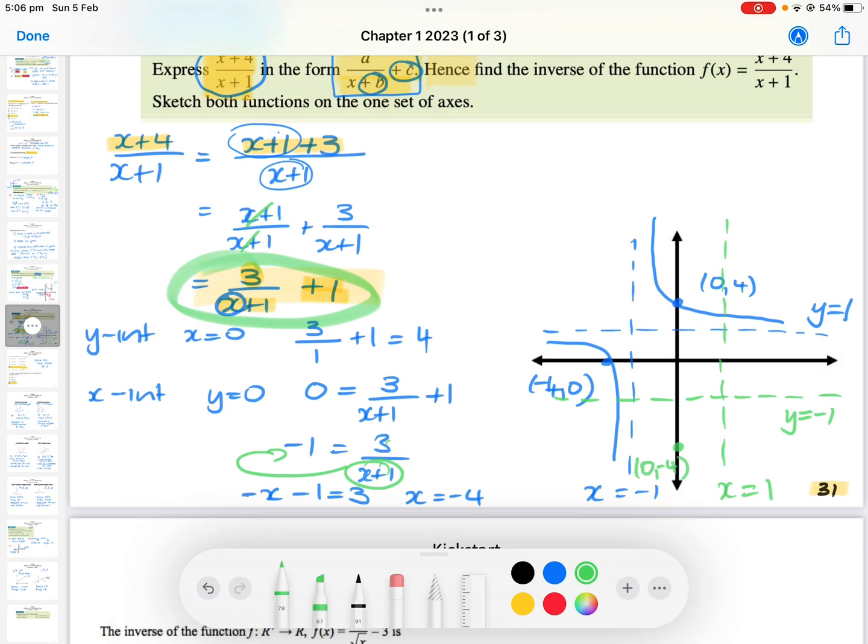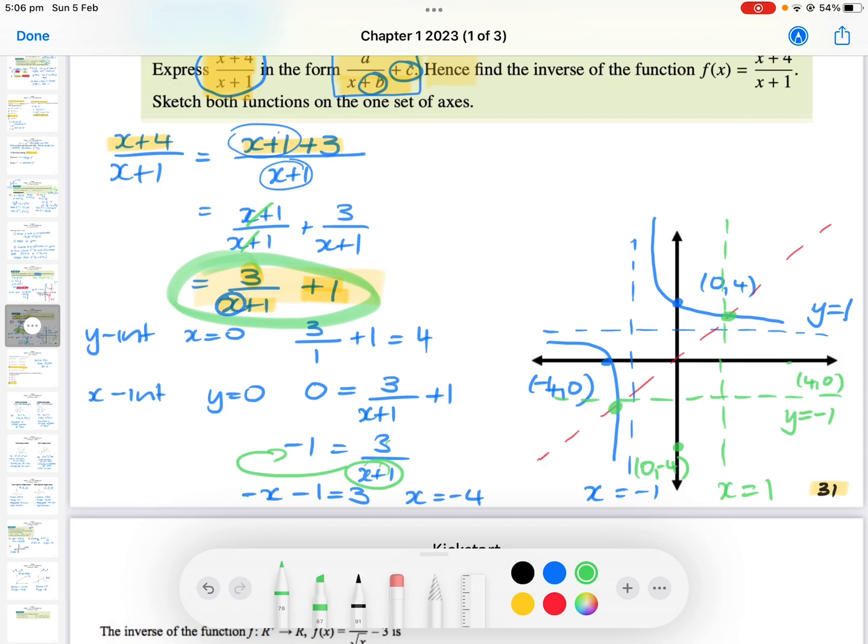And (0, 4) will go to (4, 0). Then if we've got a line y = x, we know that they have to meet on that line y = x. And then you just picture what that reflection looks like.